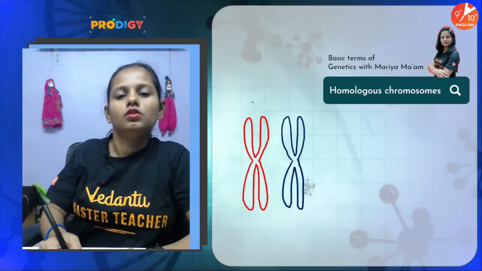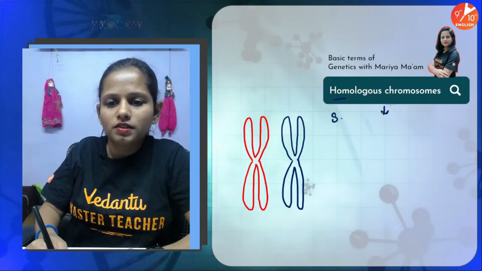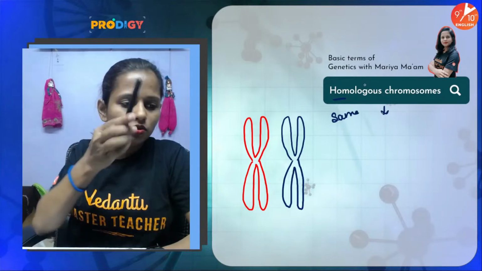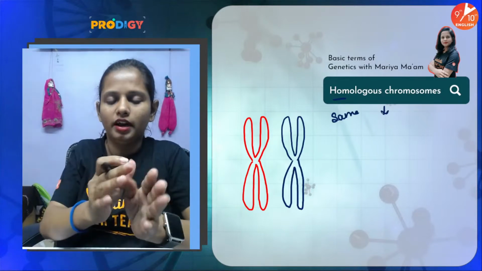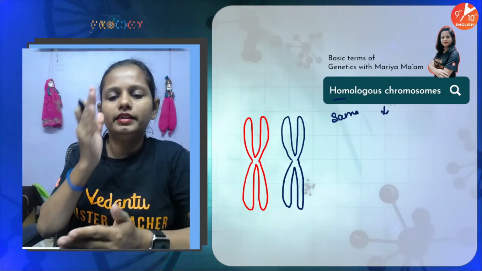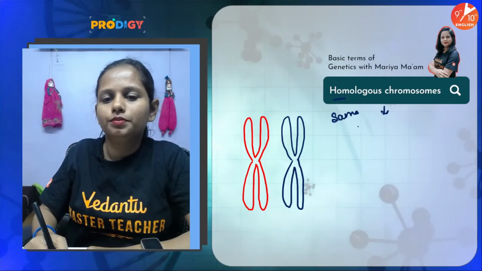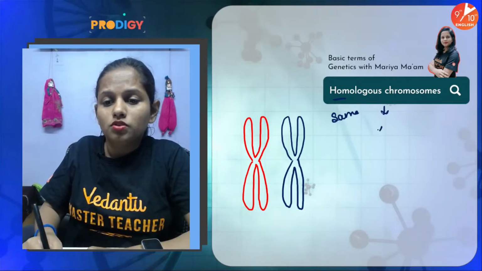So, a homologous pair of chromosomes. Homo means same, and a chromosome looks like a log. Here I have drawn duplicated chromosomes for your reference, but in reality it's like only half. So a similar pair of chromosomes is what we call homologous chromosomes.